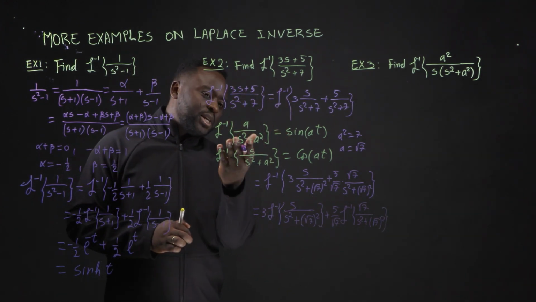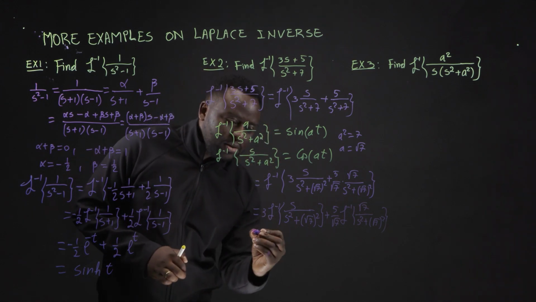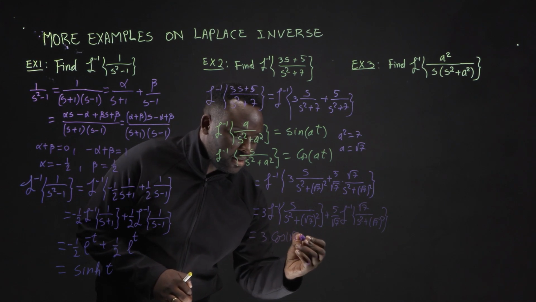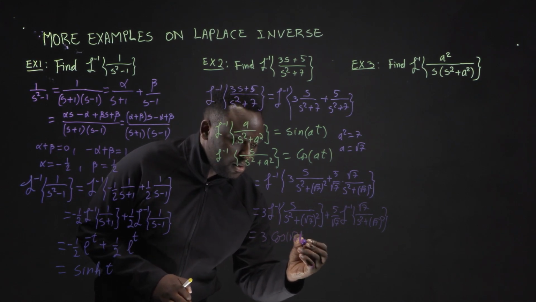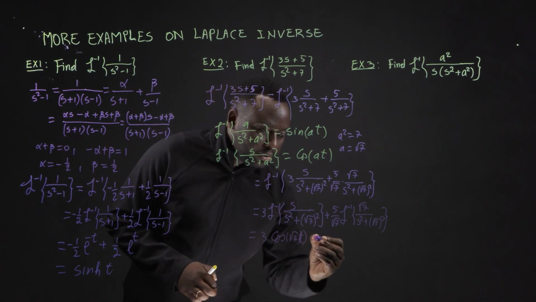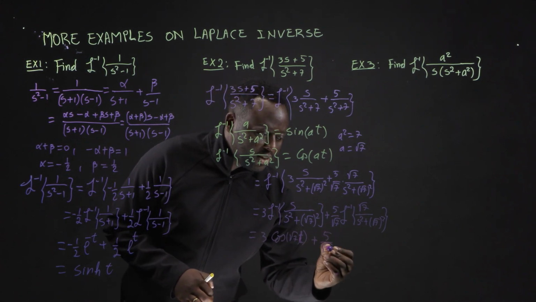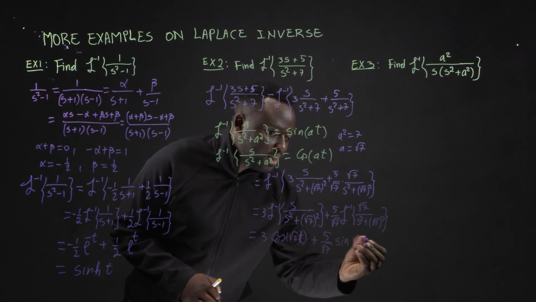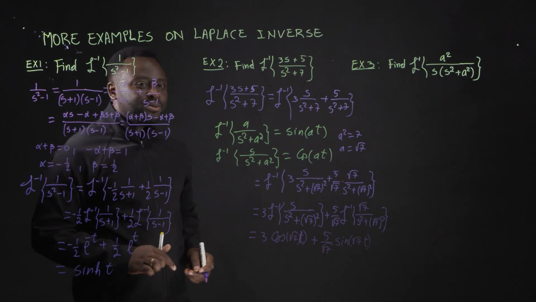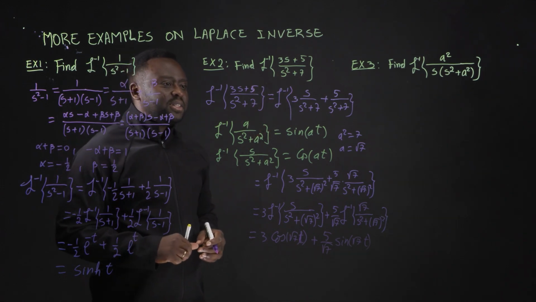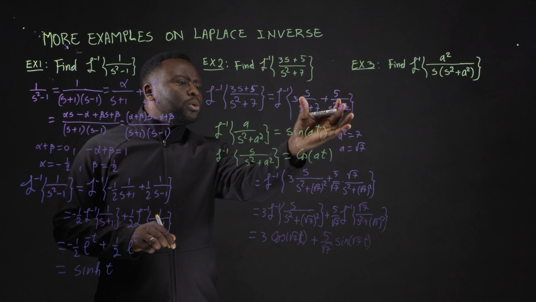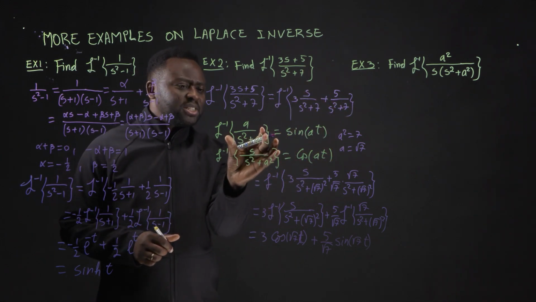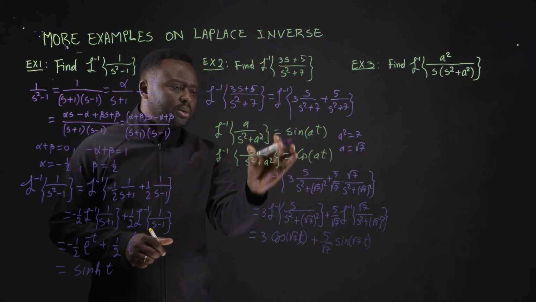We know this based on what I've given here. So the first one is 3 cos root 7 t, plus 5 over root 7 sine root 7 t. This is the final solution. So basically here you just have to put this fraction in the form that you already know, and from the table of the Laplace inverse we have these two identities.